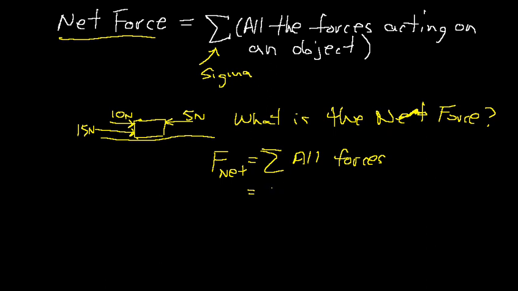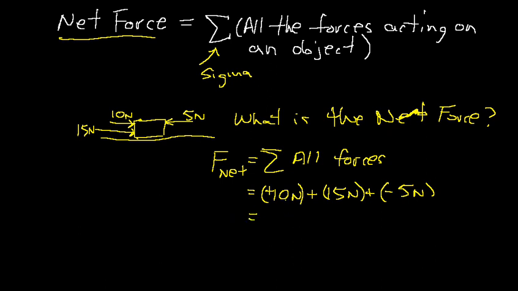Well, we've got 10 newtons going to the right, so that's plus 10. And then we've got 15 newtons going to the right, and then we've got 5 newtons going to the left, so there's a minus 5 newtons there. So we're going to sum up the 3 forces that we have acting on this box.